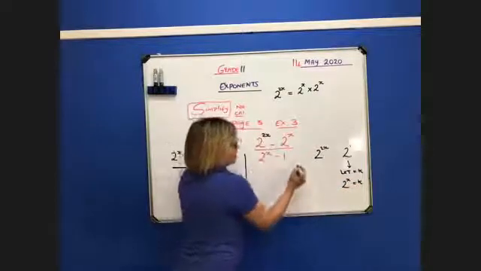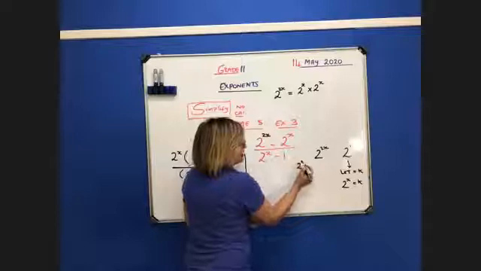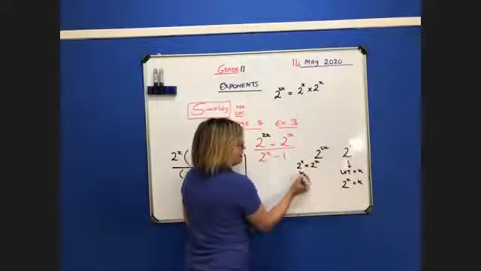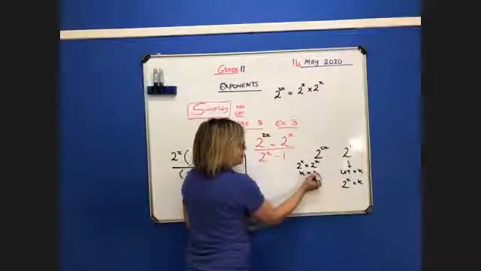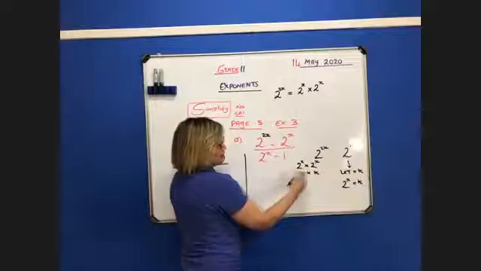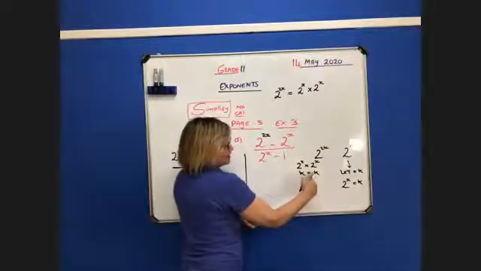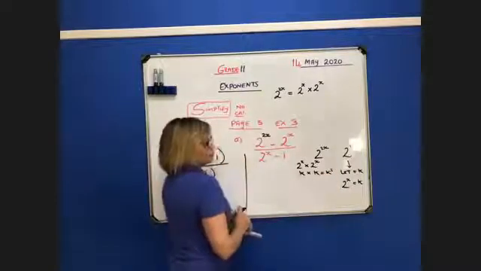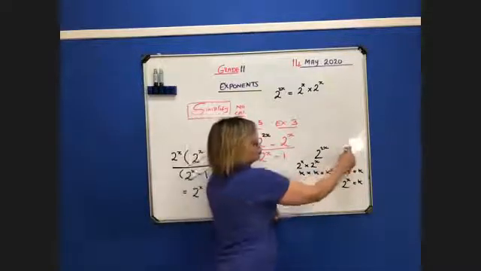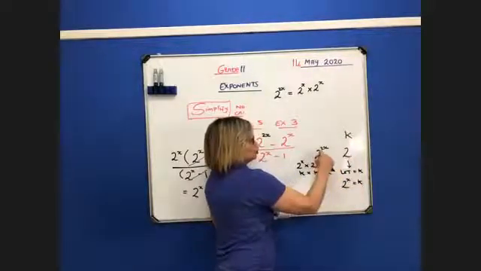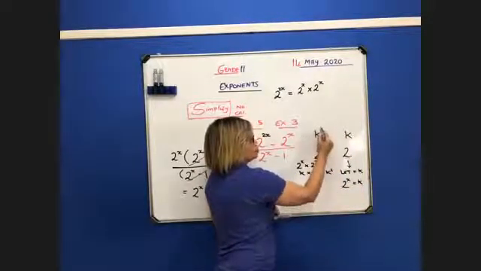Now, if you have 2 to the x times 2 to the x, do you agree that is k times k, which gives me k squared? So if I let 2 to the x be k, then 2 to the 2x would be k squared.